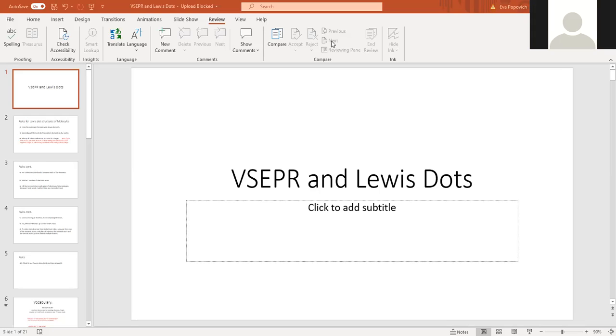We're right here. I'm just starting this one. You're just starting Lewis dot structures and VSEPR? I'm on Lewis dot structures. I haven't quite gotten to VSEPR yet. You can't do VSEPR without doing Lewis dot structures. That's the first step.